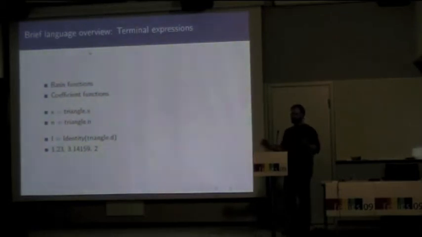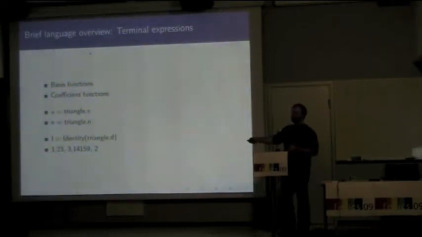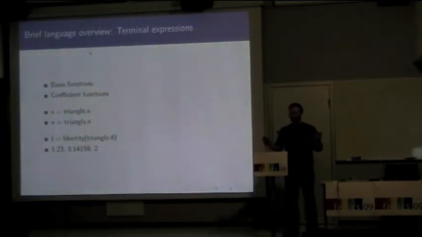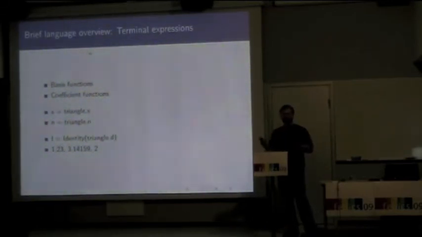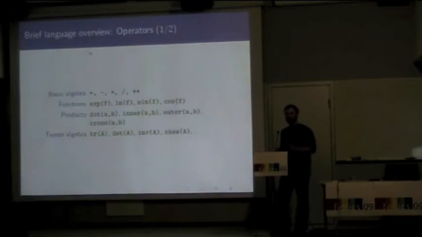Those are literal constants, like scalars or the identity matrix. We have some geometric quantities, like the facet normal and the spatial coordinate. And we have basis functions and coefficient functions. I'm assuming some familiarity with FEniCS from before, so if you don't know the difference between these, check the manual, or the book chapter, which is in the printed book.